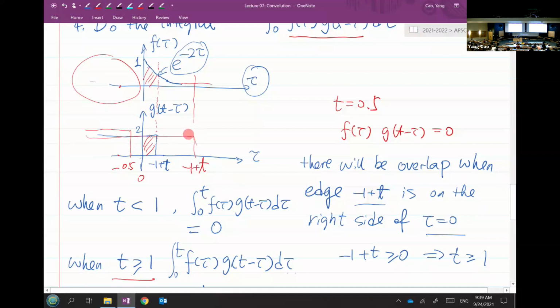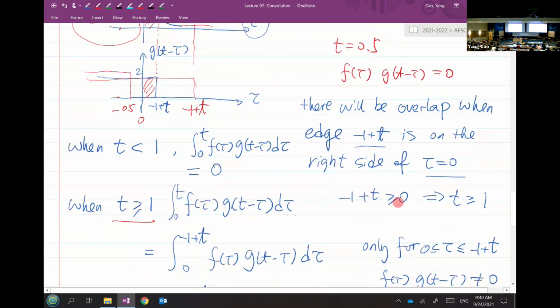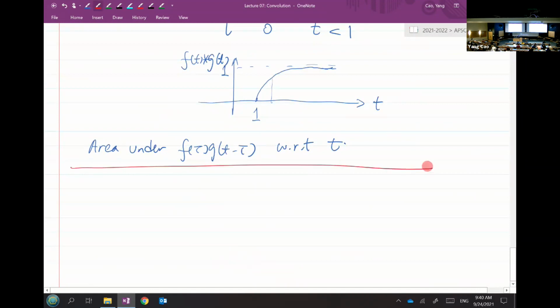Okay, so that's why here you see beyond t greater than 1, I don't have any further complications. All right, so that's what this example is showing us. Right, but the next example will be a little bit more complicated, okay, and requires you to be a little more vigilant when you try to use this graphic approach.